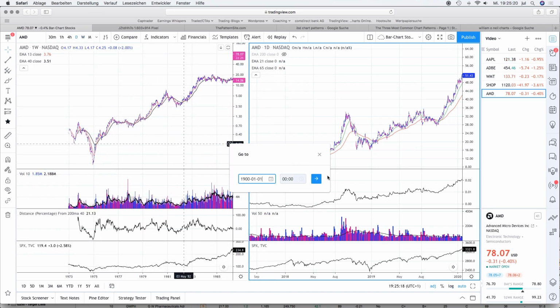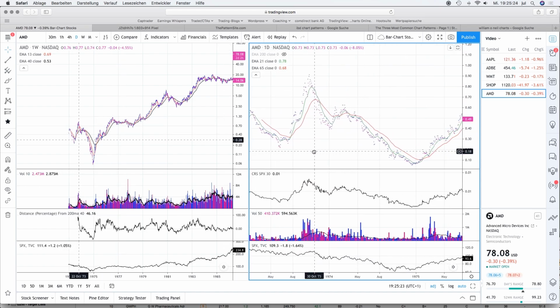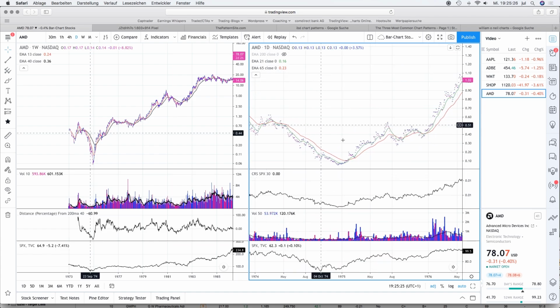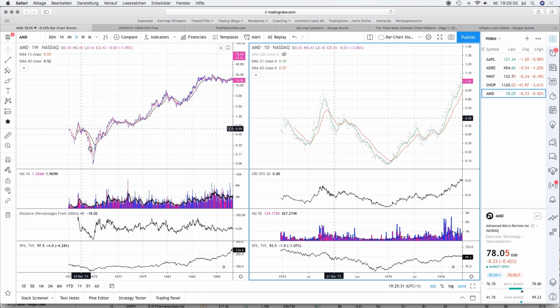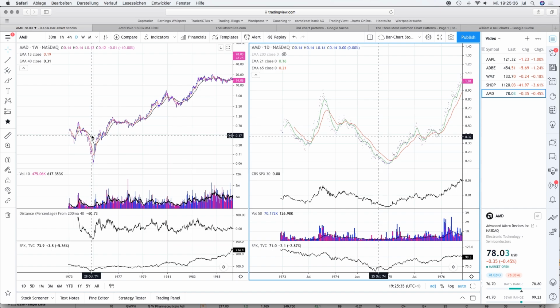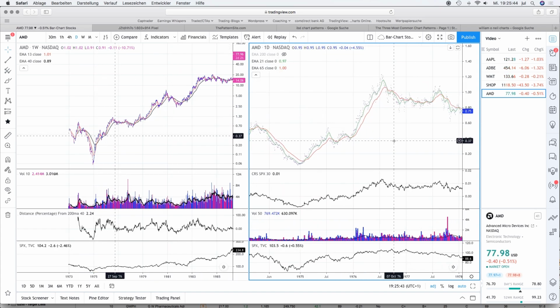And when I look at the chart here, a lot of names come into my mind which look very similar in the last 2 or 3 years, especially when we had the strong correction in 2020 and also 2016 and 15. So a lot of companies and stocks looked very similar.